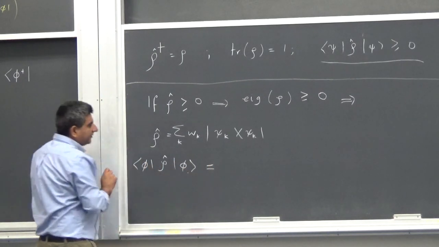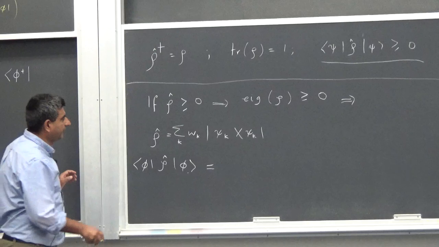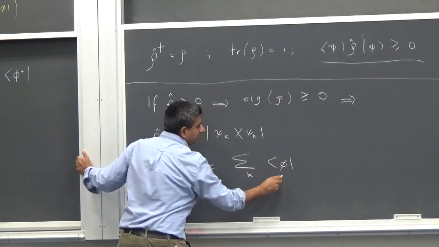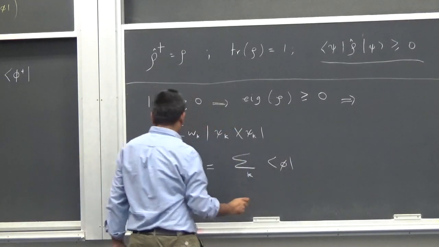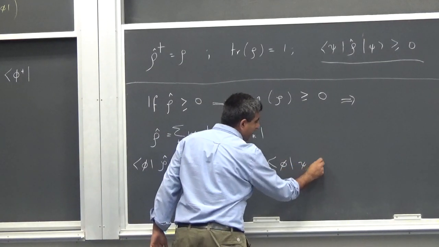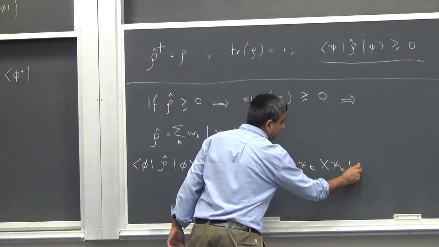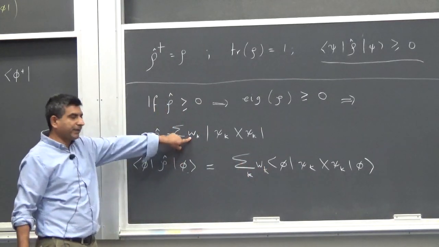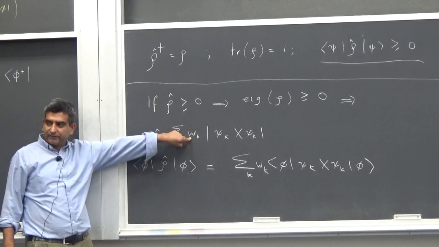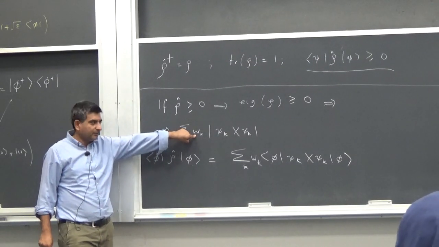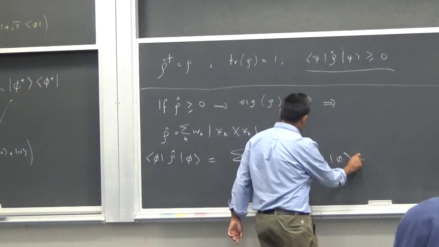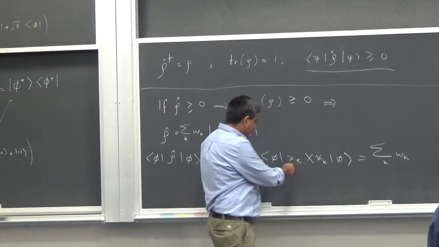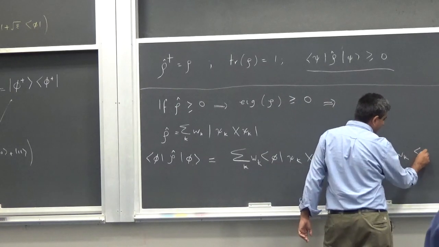So this expectation value becomes the sum over k of w_k times bra phi, ket psi k, bra psi k, ket phi. Remember, these w_k's are non-negative because these are probabilities, and this is of course the modulus square.